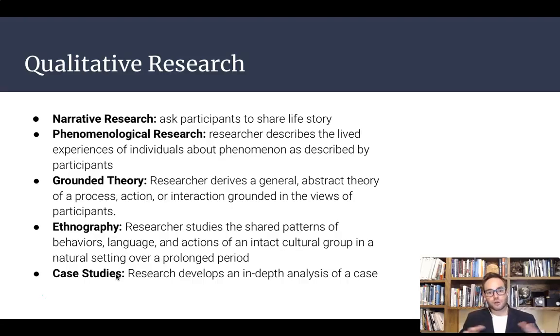So within qualitative research, there are different types of trends in research. We have narrative research. This really asks participants to share life stories, and we could gather those life stories and understand a relatively large group of people.